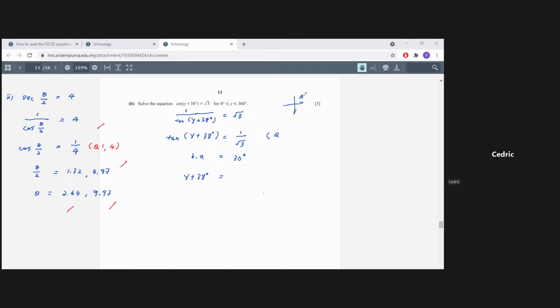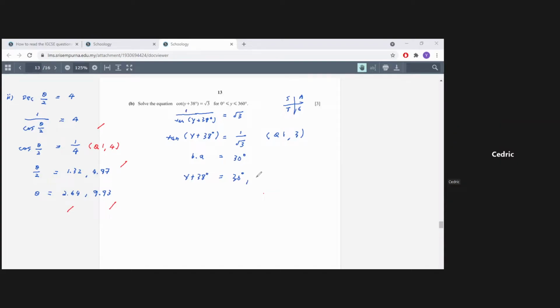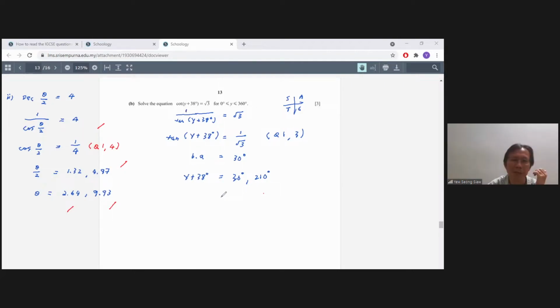The top right and bottom left, 1 and 3. So change to quadrant number 1, quadrant number 3. It's 180 plus 30, so 210. Try to find the answer first.